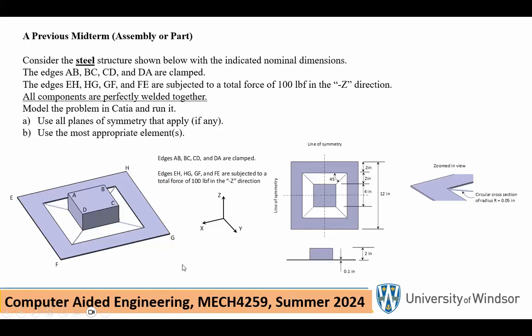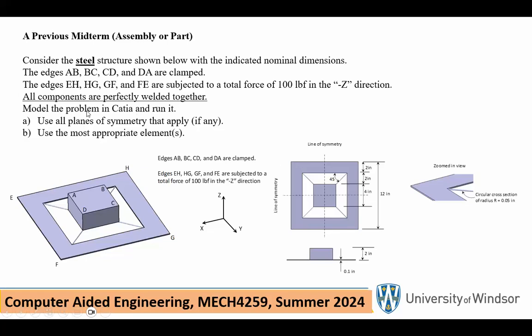Okay. Now, you have to use any planes of symmetry that are applicable. If these were all solids, everything modeled with solids, then I would take only a 45-degree sector here, because this keeps repeating based on the information that's given to me. Notice that just looking at geometry is not good enough.